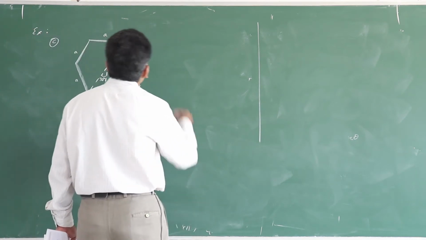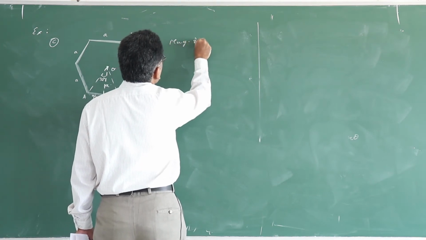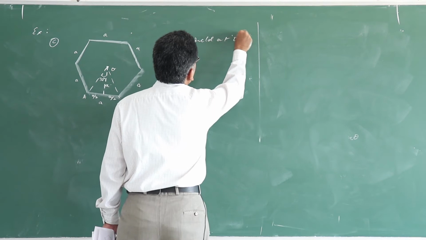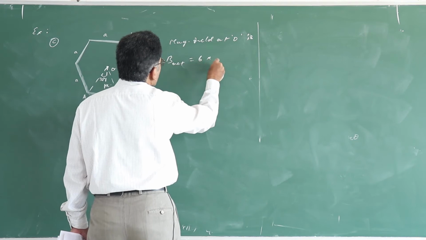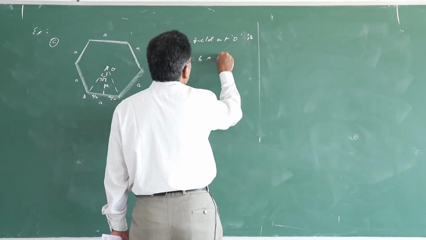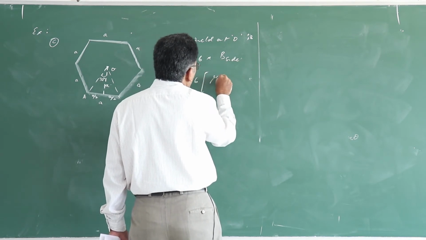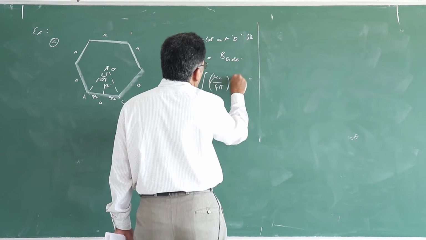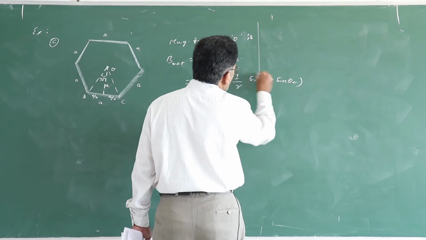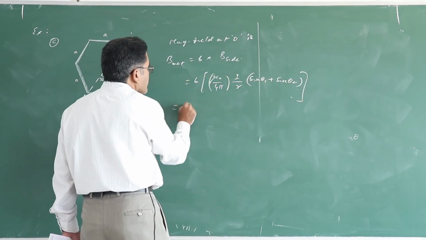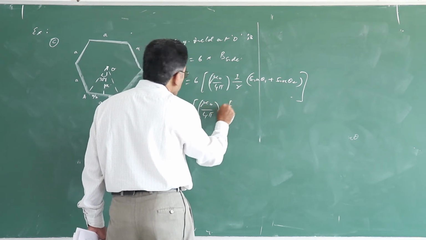Then the magnetic field at O, B net, is equal to 6 times the magnetic field due to a side. 6 times mu naught by 4 pi I by r, sin theta 1 plus sin theta 2. 6 into mu naught by 4 pi I by, what is r here?